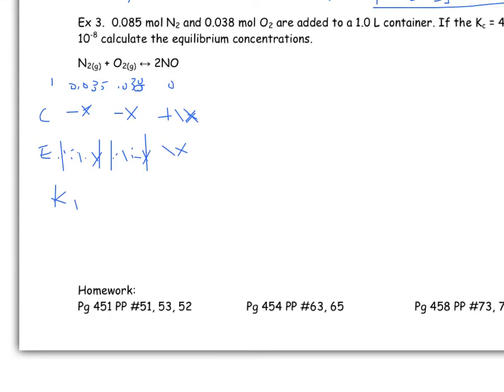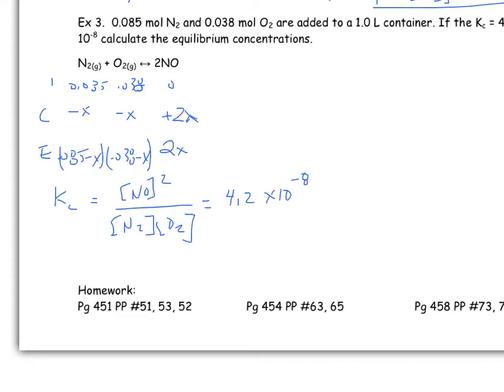My Kc expression is going to be the concentration of NO squared divided by nitrogen and oxygen, and it tells me in the question that this equals 4.2 times 10 to the minus 8.